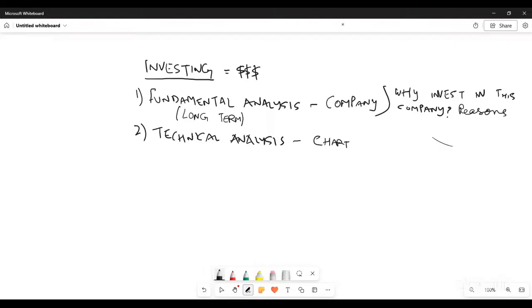And the question for that one is, when is it a good time to invest? Good. So technical analysis is all about chart reading. And here we answer the question, when is the right time to invest?